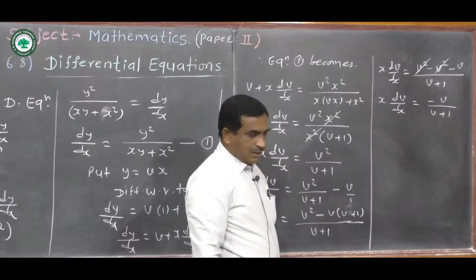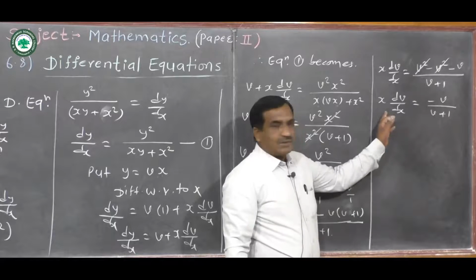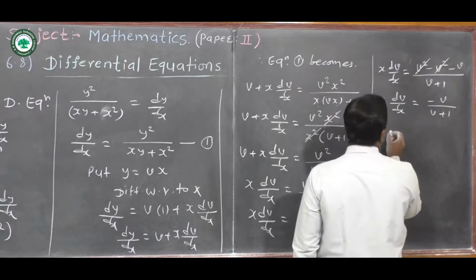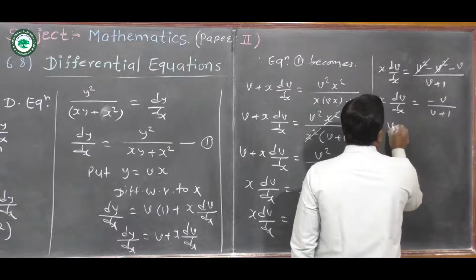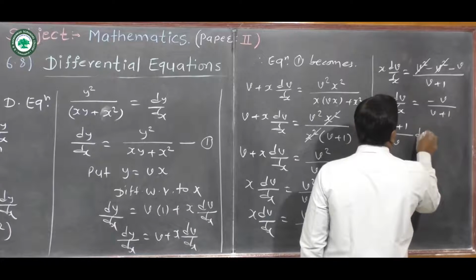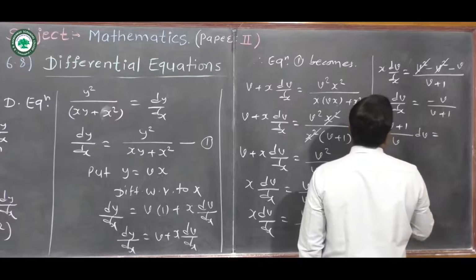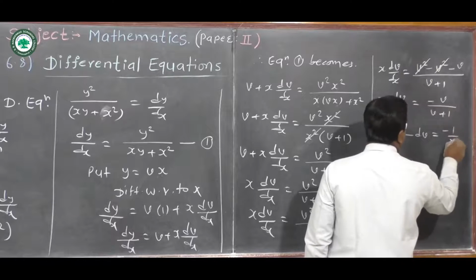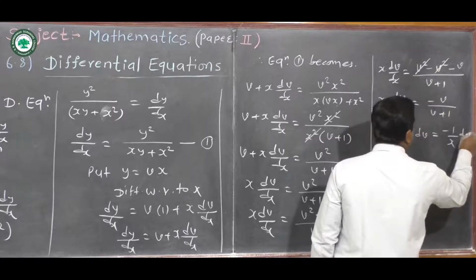Okay, now we can take terms of v to the LHS and terms of x to the RHS. Therefore we can write this v plus 1 upon v into dv is equal to minus, as it is, 1 upon x into dx.